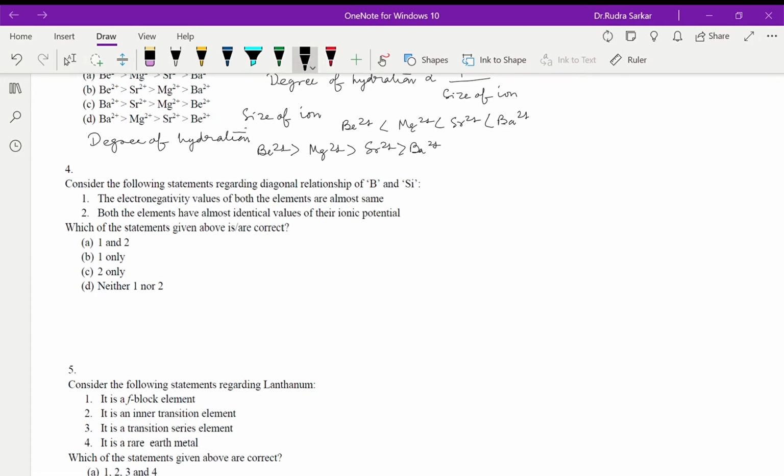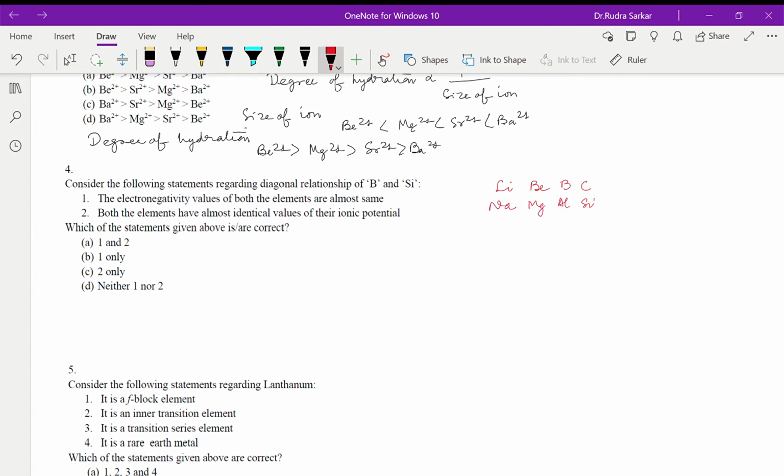Next question is, consider the following statements regarding diagonal relationship of B and Si. Okay, so when they are saying diagonal relationship, what it means? Li, Be, B, C, Si, aluminium, magnesium, sodium.